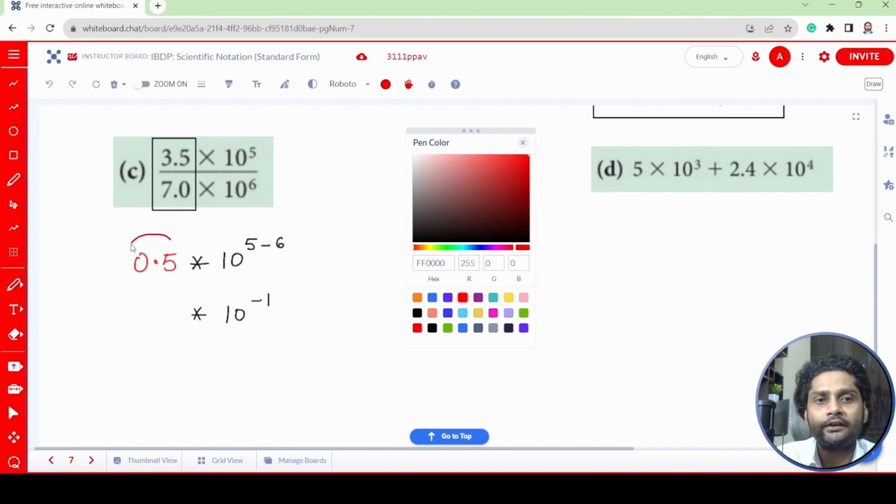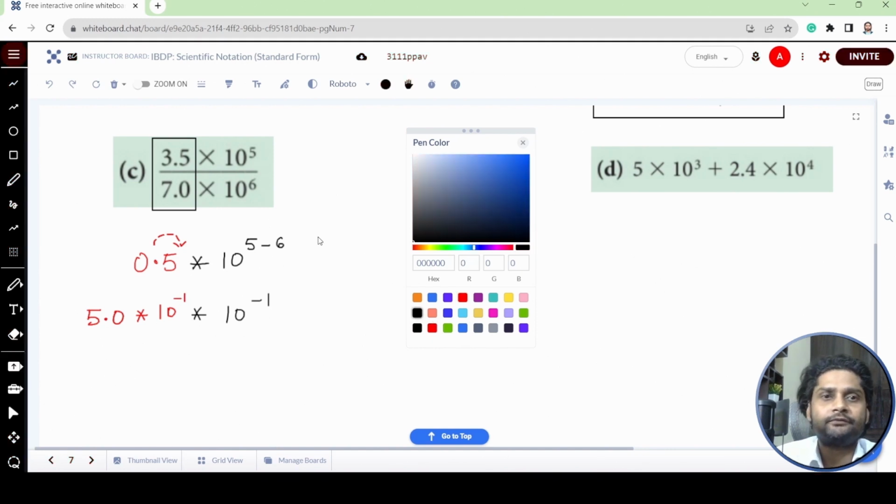But over here, students, again you notice that this number is even less than 1. We want this number greater than 1 and less than 10, or even equal to 1. So to do so, we have to shift the decimal by one digit to the right direction. In that way, students, we get 5.0, and in order to balance that smaller number and bigger number, we need to multiply by 10 raised to the power of negative 1.